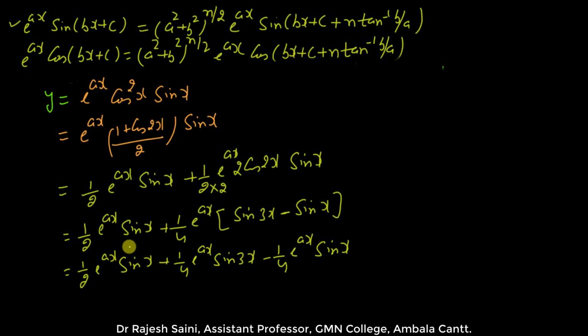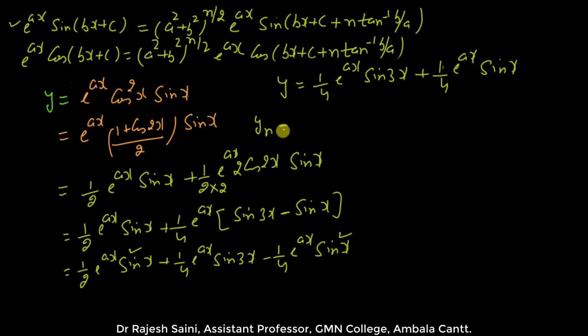Now you see we are going to collect this and this term, so it will be plus 1 by 4. So can I write it as 1 by 4? First I am going to write this one, e raised to the power ax sine 3x plus 1 by 4 e raised to the power ax sine x. Now we will write its nth order derivative, 1 by 4 as such.